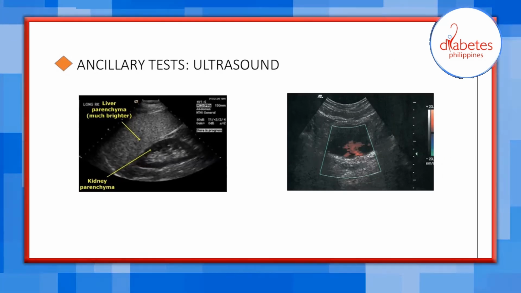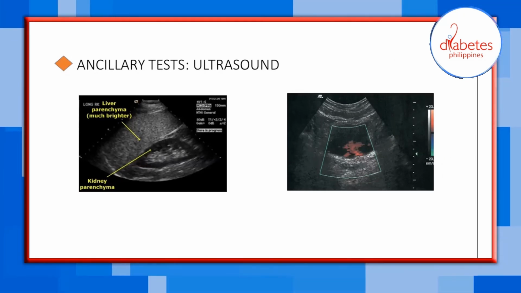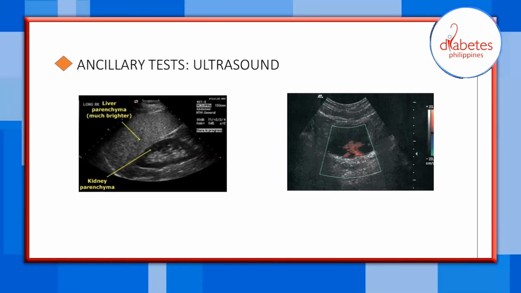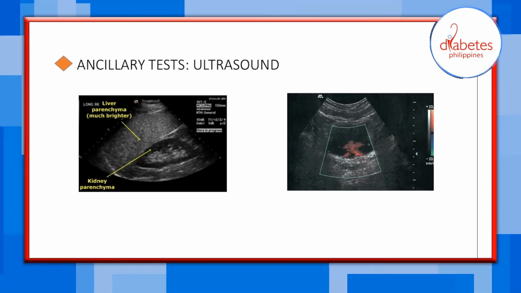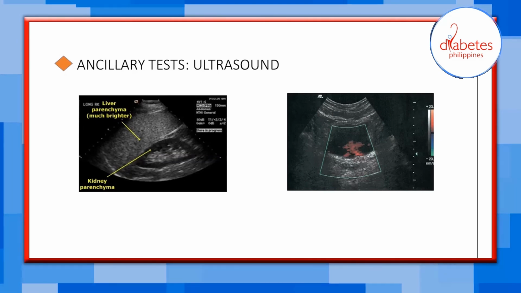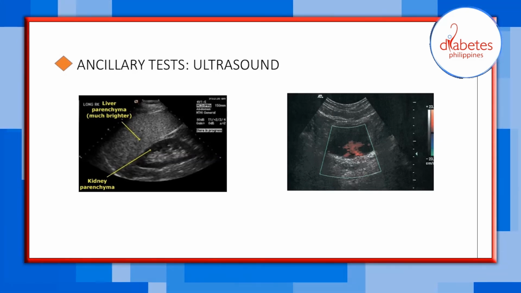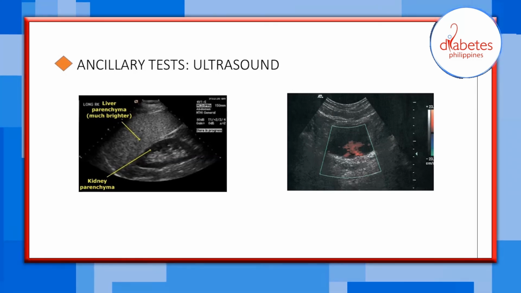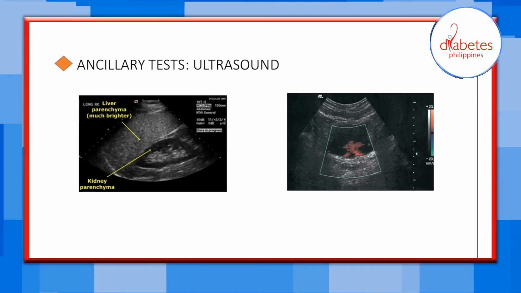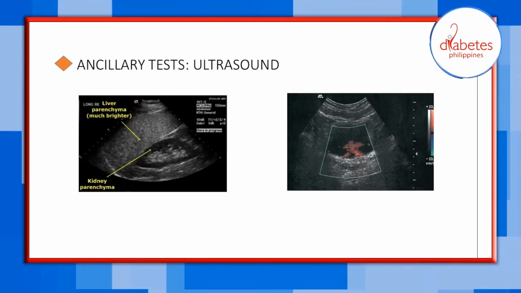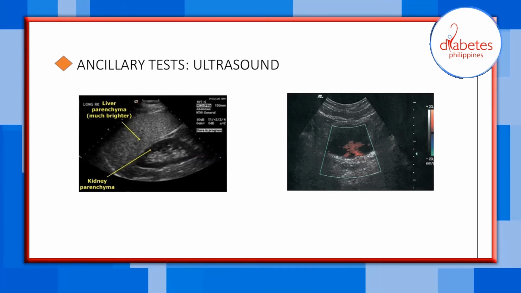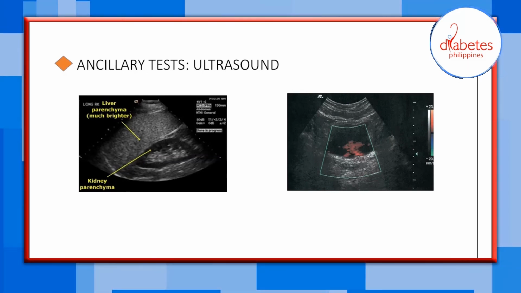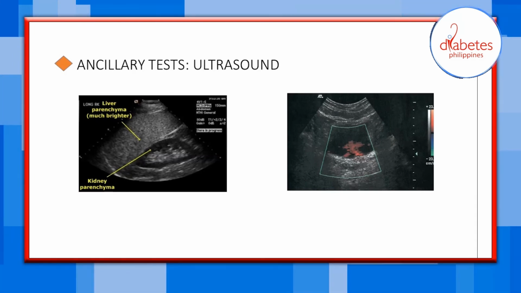It is used as a first-line examination in your azotemic patient for assessing renal size and the presence or absence of hydronephrosis or obstruction. The normal kidney size is around 9 to 12 centimeters in length. And as you can see, the normal renal cortex or parenchyma is less echogenic than the liver and the spleen. So the liver parenchyma is much brighter.